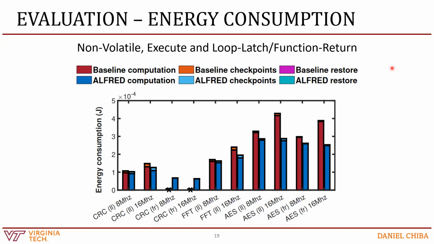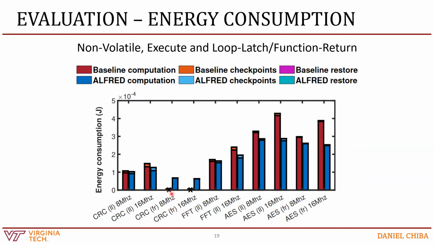This, again, sticking with energy consumption for a different configuration. This is non-volatile, execute and again both loop latch and function return for checkpoint placement. Again, significant reductions in energy consumption.